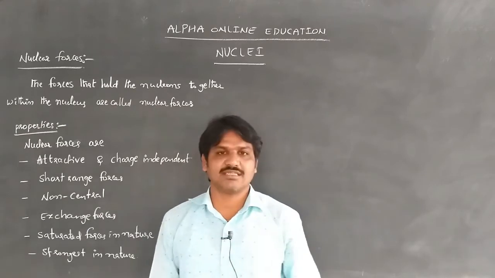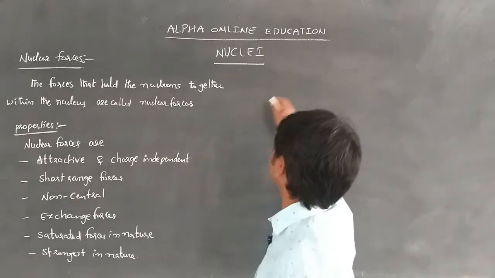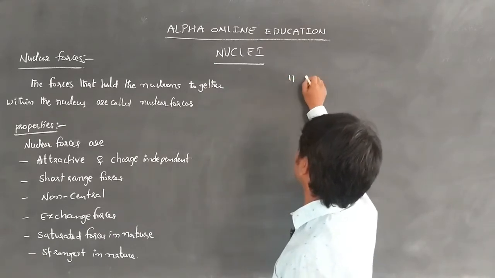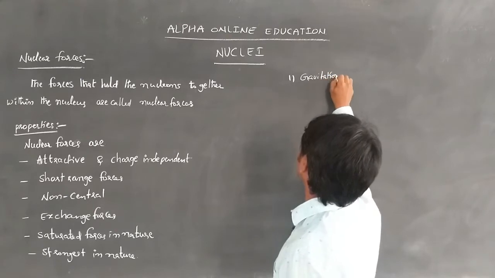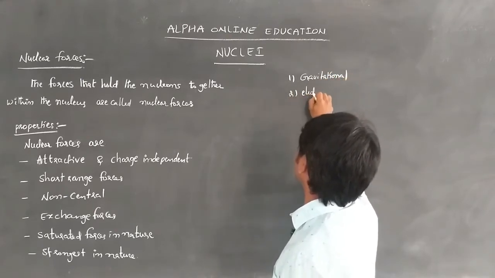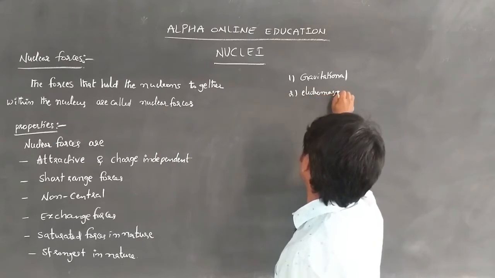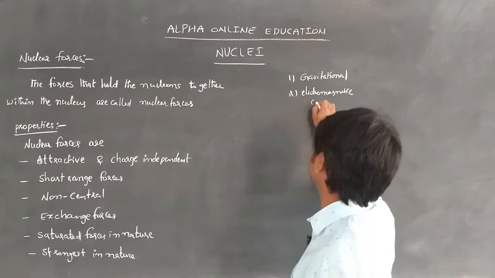We know that the fundamental forces in nature are four. The first one is the gravitational force, and the second one is the electromagnetic force, which is also called the Coulombic force.